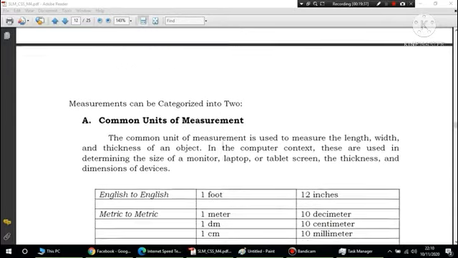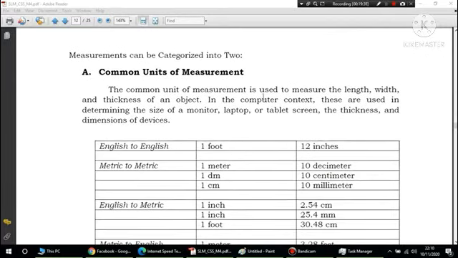There are common units of measurement used in ICT in converting measurements.